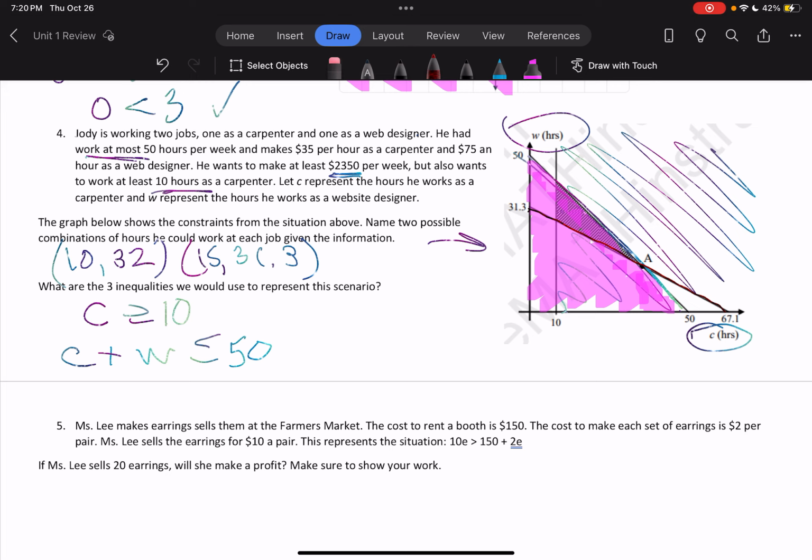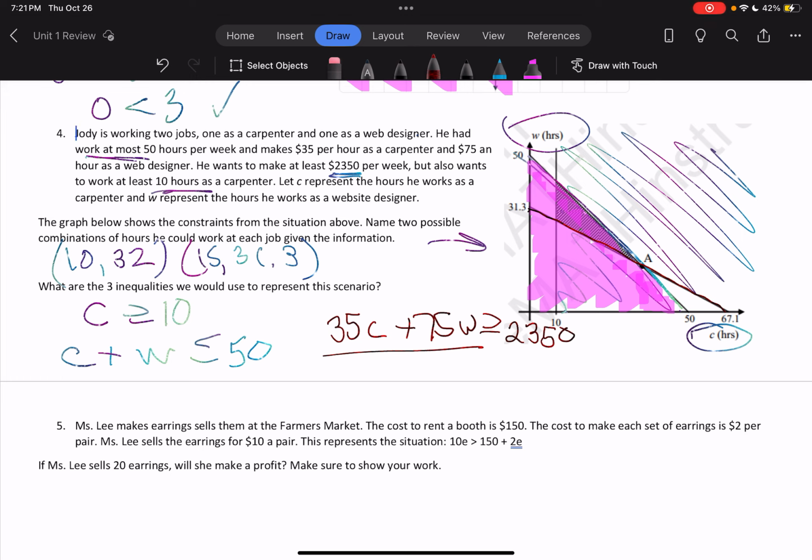And that is looking at our equation of 35 per hour as a carpenter plus 75 as a web designer, and at least, so greater than or equal to 2,350, because this is our money, right? 35 an hour, and we have to have money equaling money.